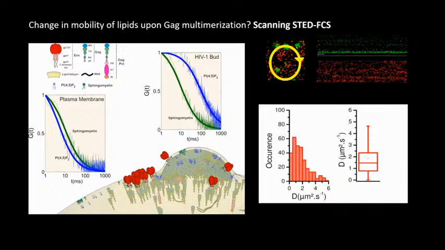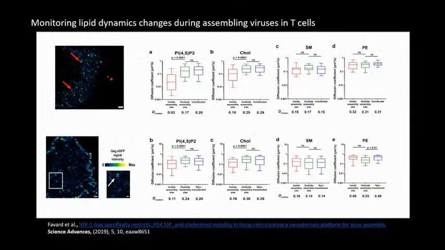So we look at sphingomyelin, PI(4,5)P2, cholesterol, and we also use PE as a control. We perform this approach with either infected cells that contain Gag, the envelope, and the viral RNA, or transfected-only cells that contain Gag, the viral RNA, but not the envelope.